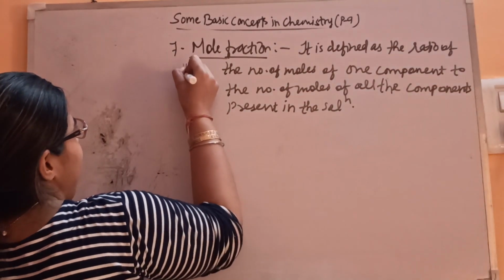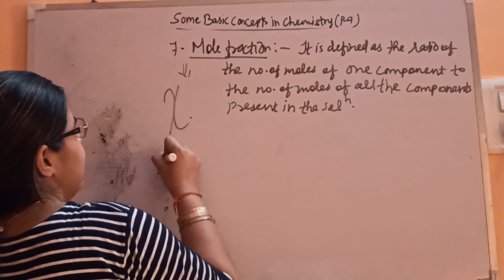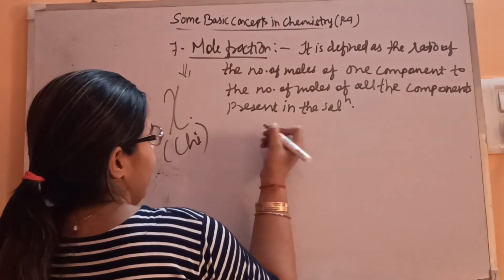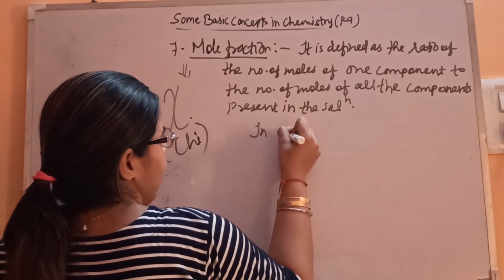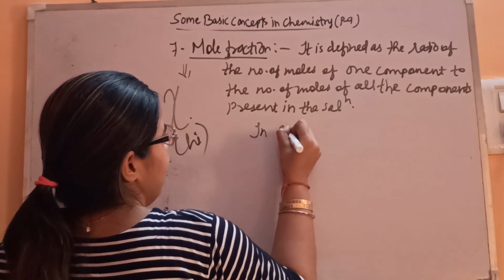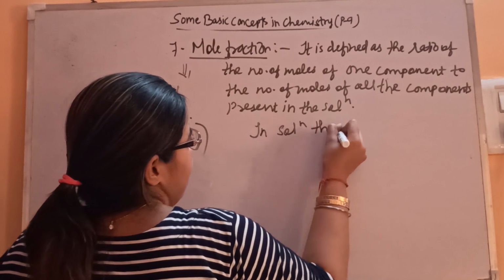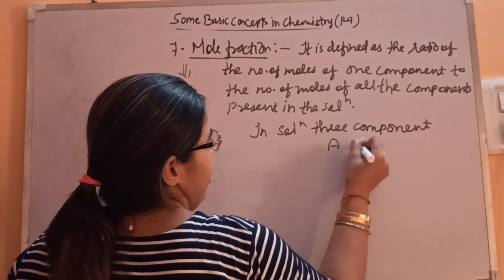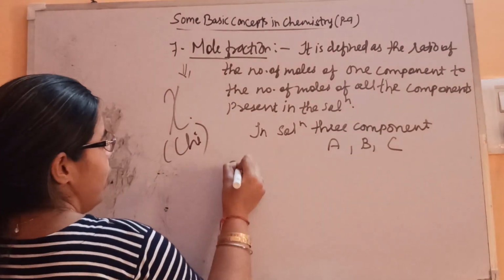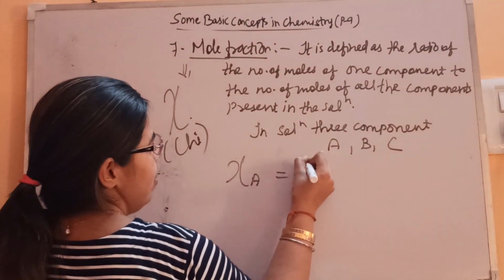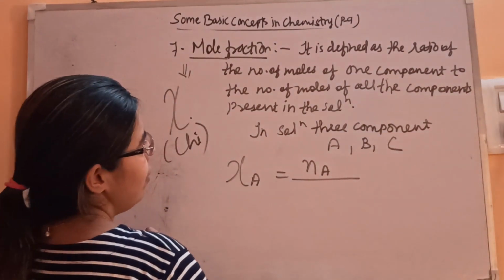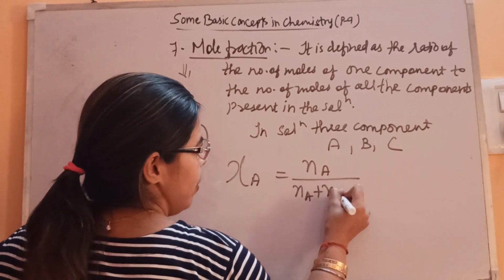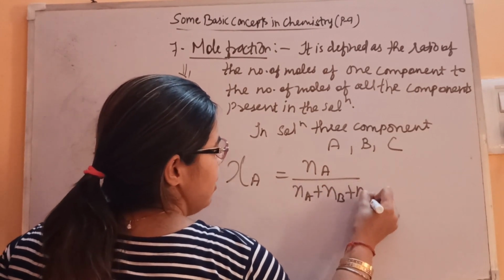So this is represented by chi. This is known as chi. Okay, so let's say in our solution three components are present, A, B, C. So if we want to write the mole fraction of A, it is equal to number of moles of A to that of the number of moles of all the components present in the solution, so Na plus Nb plus Nc.